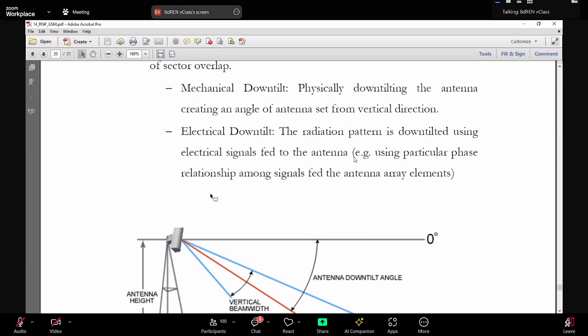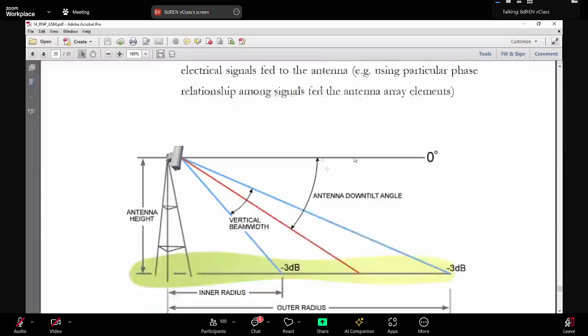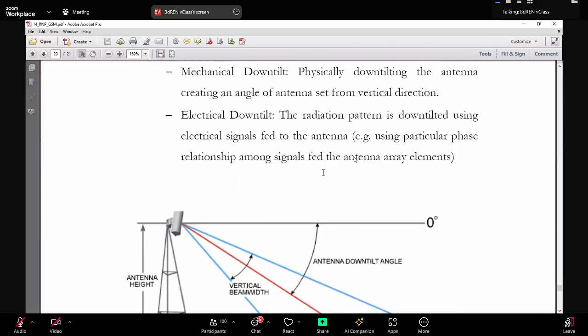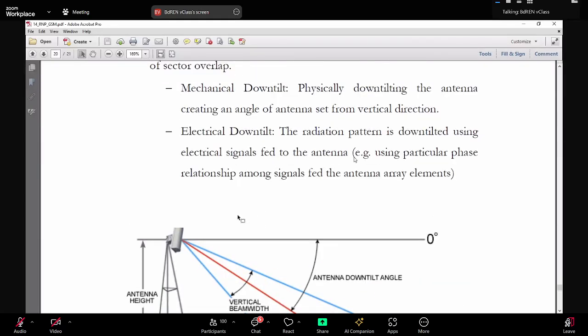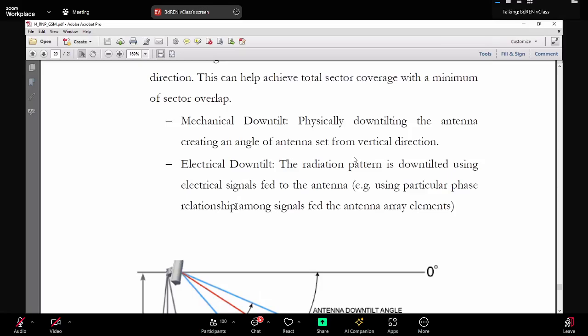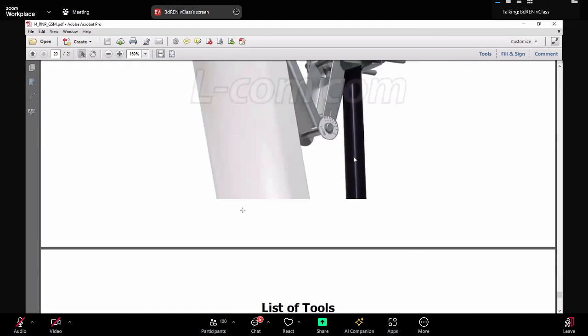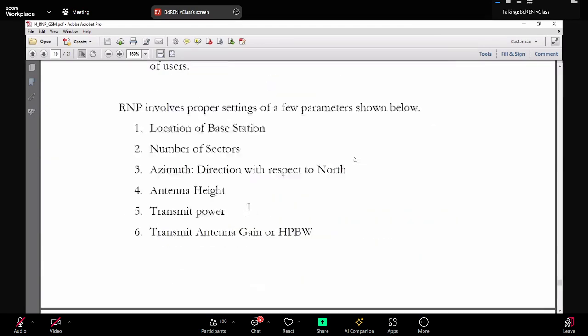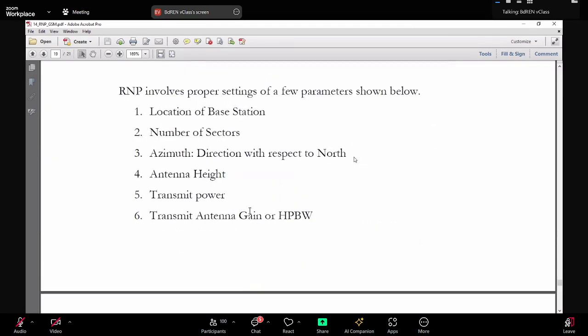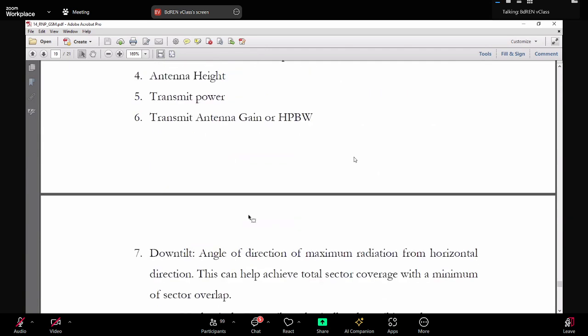Different array elements get different phases. So this is also an option that you can control the down tilt electrically. So there are a few things which you can play around with.